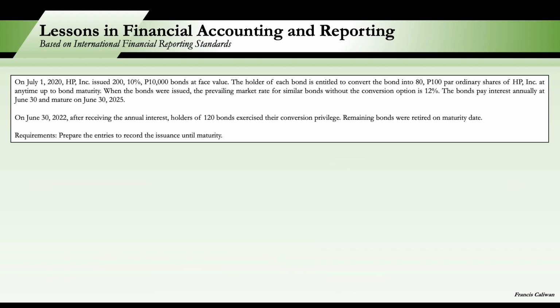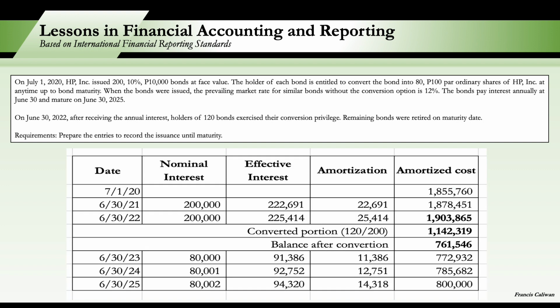After we prepare our entries for the issuance of the convertible bonds, let us now have our amortization table. We will amortize the issue price of the bonds, which is 1,855,760. So here is our amortization table.